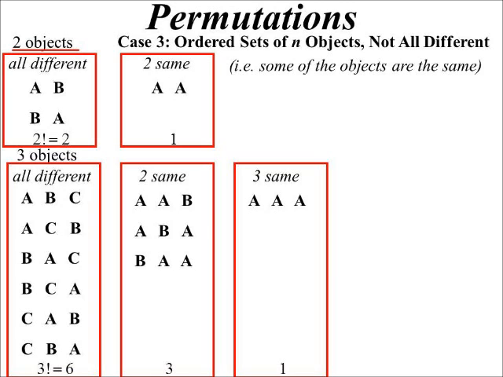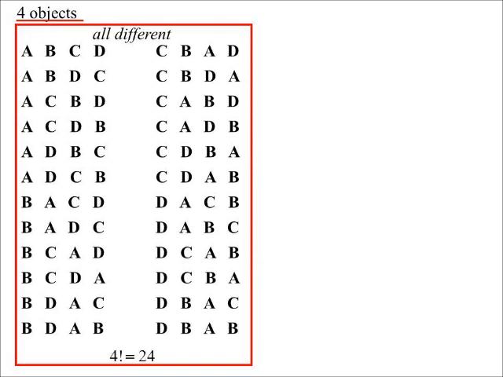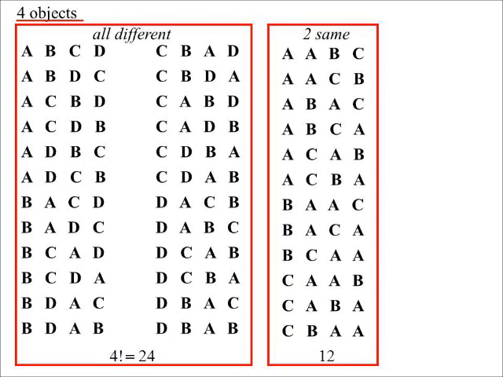Let's take it a step further. 4 objects, watch out because this will take a bit of space, all different. There they are. There are 24, or 4 factorial, possible ways. Now, if 2 are the same, we're saying divide by 2. Let's see what happens. Sure enough, there are 12.